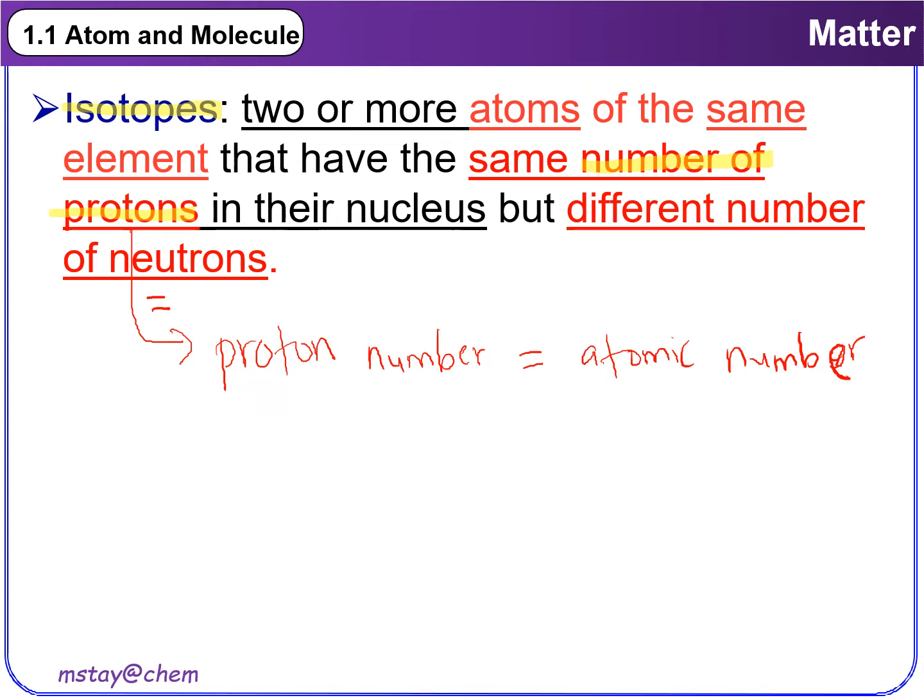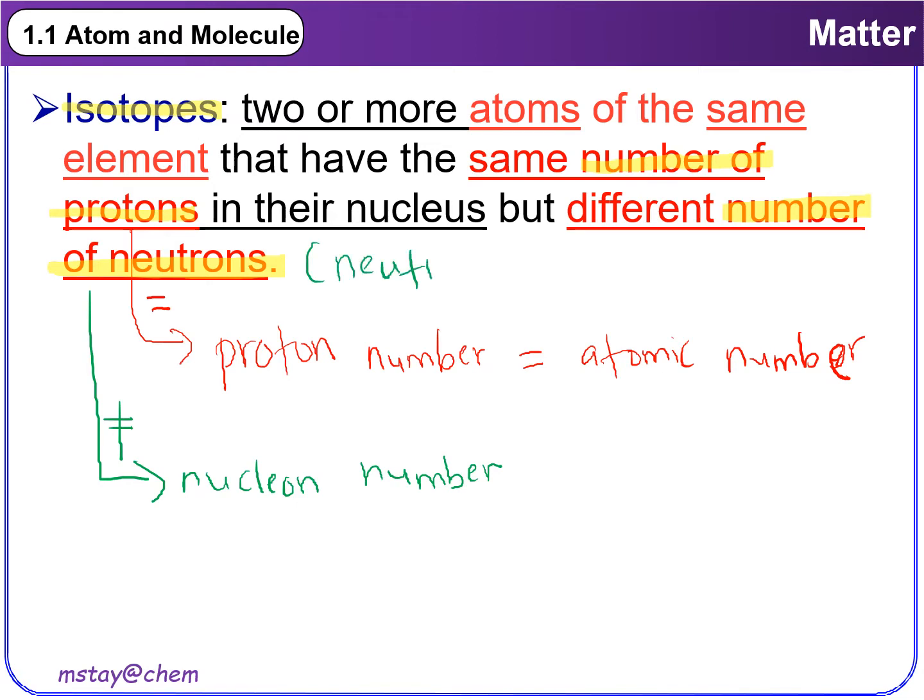The next term that we are going to focus on is number of neutrons. Number of neutrons can be replaced by neutron number if you are going to define the isotope. However, the meanings of number of neutrons and neutron number are different. Number of neutrons only refers to the neutrons.